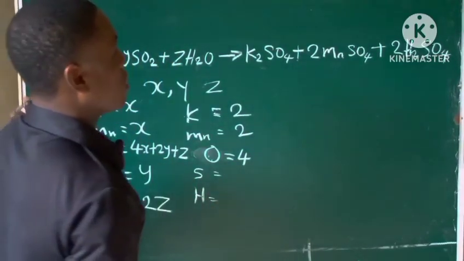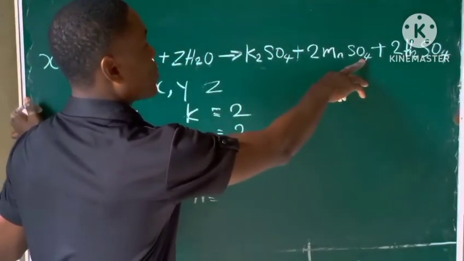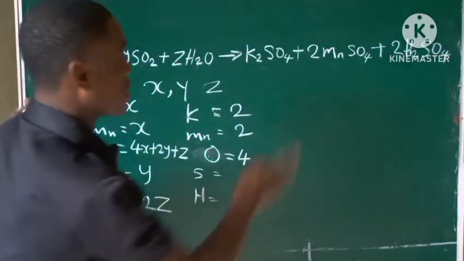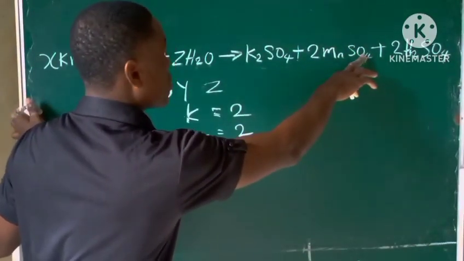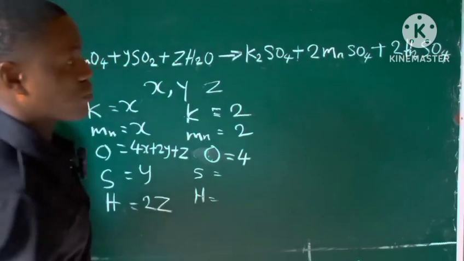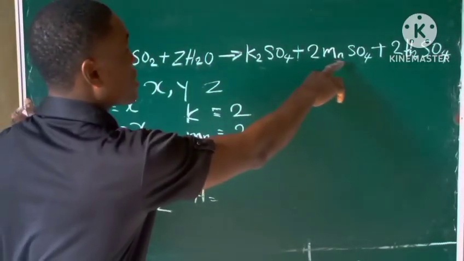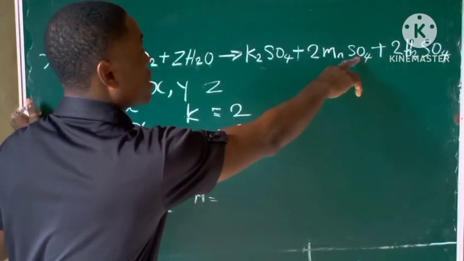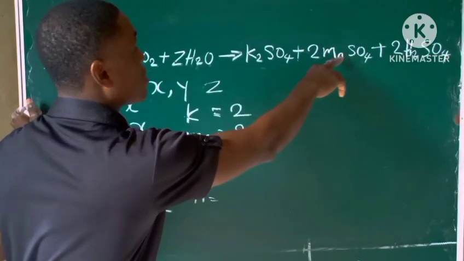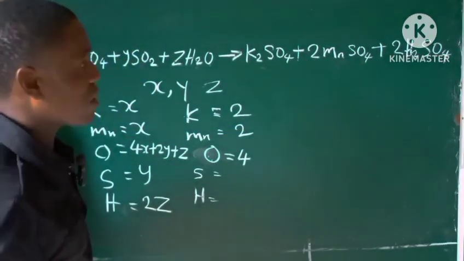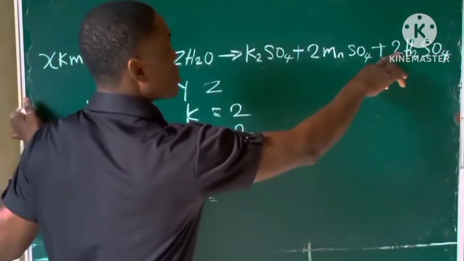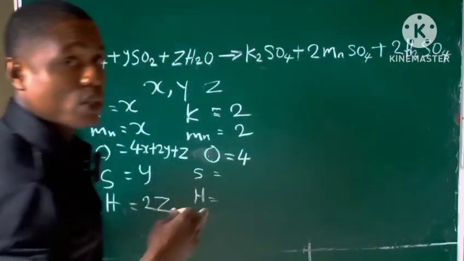Oxygen also has 4 atoms here. Know that this 2 is affecting both the manganese and the oxygen, and this 2 is affecting the manganese, sulfur, and the oxygen. At the same time, this 2 is affecting the hydrogen, sulfur, and the oxygen.